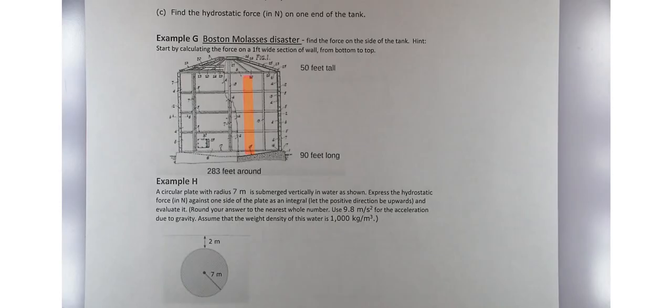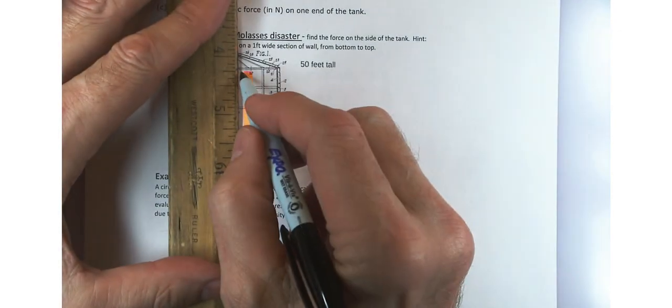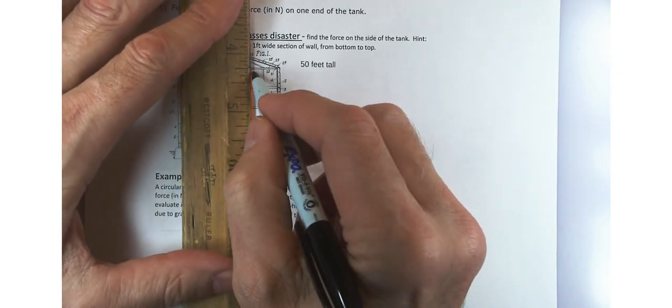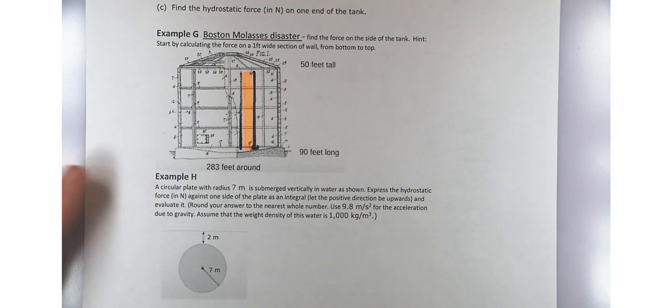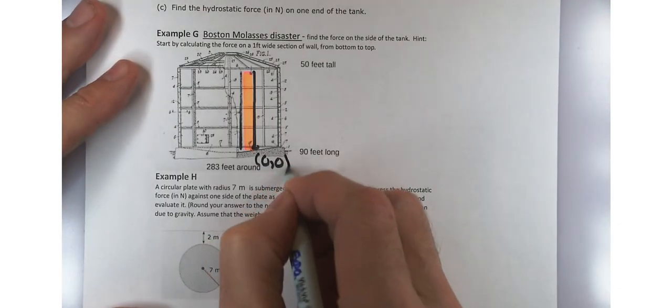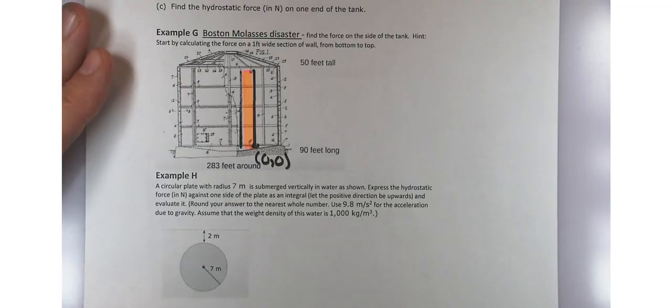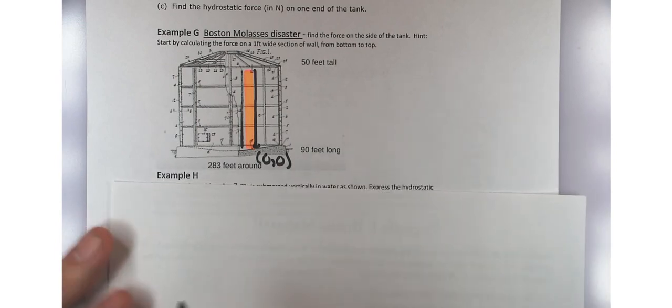But right now I want to figure out the pressure on one column of this. So we put our 0, 0 down here at the bottom. Let's find the pressure on that one column, or that one 1-foot section of this tank.